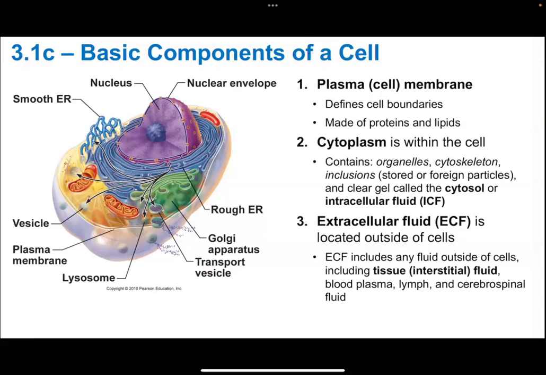And then even though this is outside of a cell, extracellular fluid is really important, as we'll learn throughout A&P. It's really important in helping the cell accomplish its function. So what the extracellular fluid contains is really important to the function of any cell. It contains tissue or interstitial fluid, different from intracellular fluid, which is within.